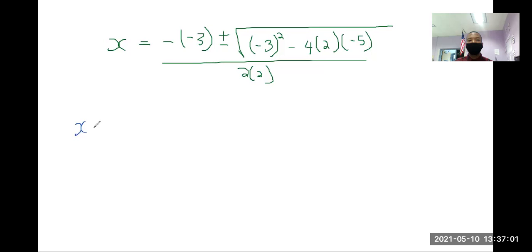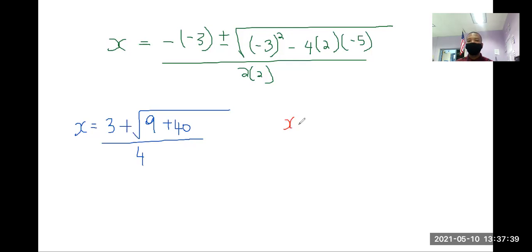For one side, x is going to equal, let's work this out actually. Negative times a negative 3 is, you can see, a positive 3. I'm going to take the plus sign, and then I'm going to do a square root. Negative 3 squared is 9 minus. When you multiply all of this, you get positive 40, I think. 40. Yep. Divided by 4. On the other side, we're going to have to do this minus sign now.